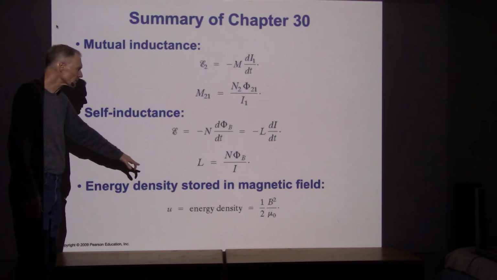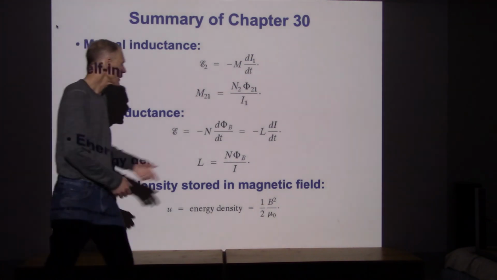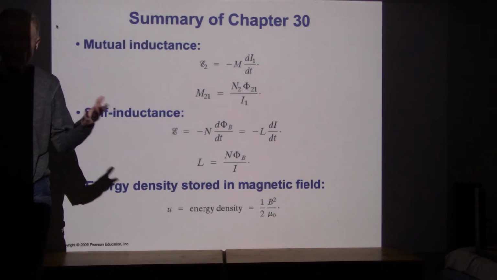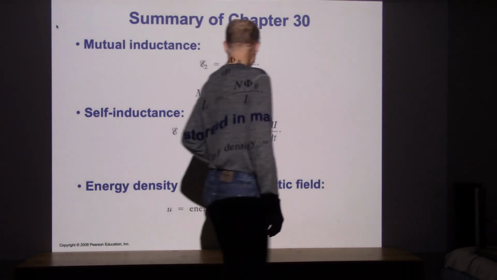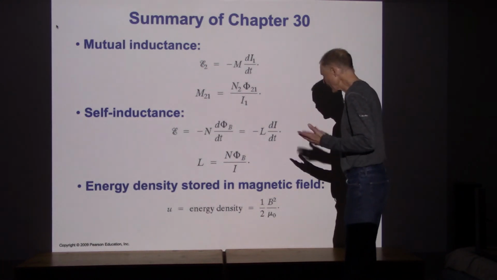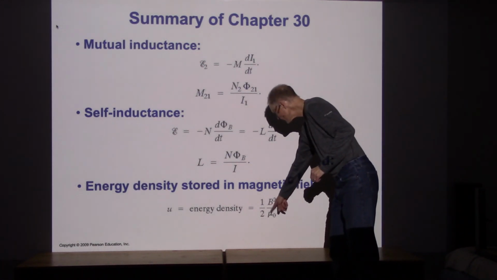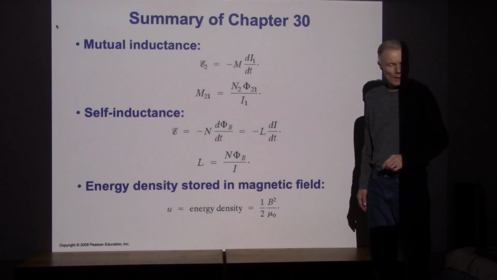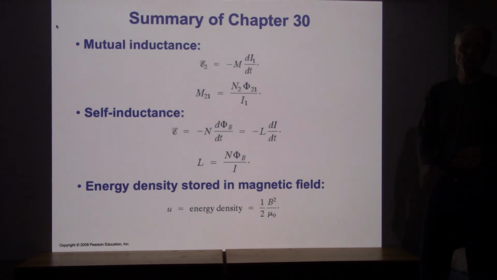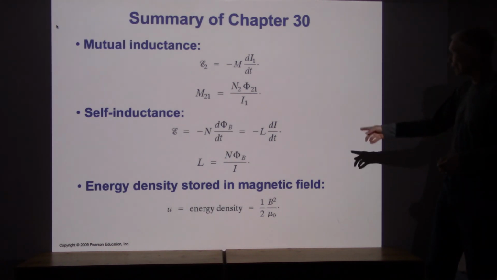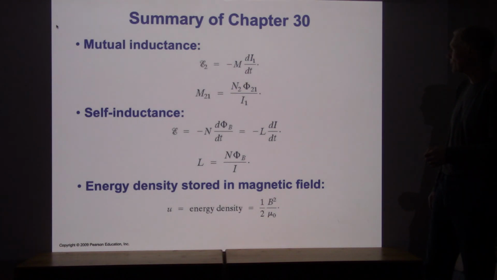We also looked at inside an inductor, how much energy do we have? In particular, what's the energy density due to a magnetic field? Now, this formula is not written in terms of little k, it's written in terms of mu naught. Remember, mu naught is 4 pi k over c squared, if you want to convert that back into the version that I'm using in my contributions to this presentation.